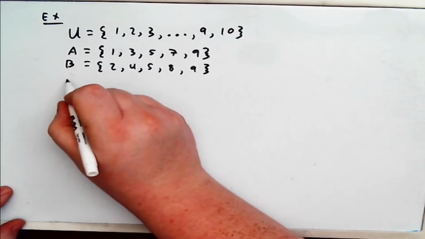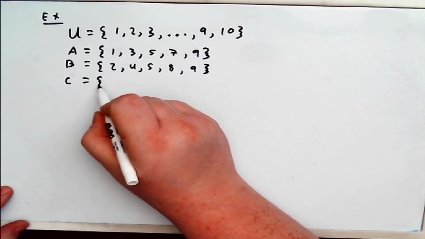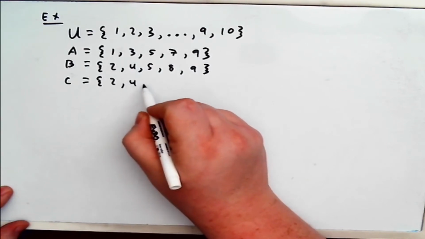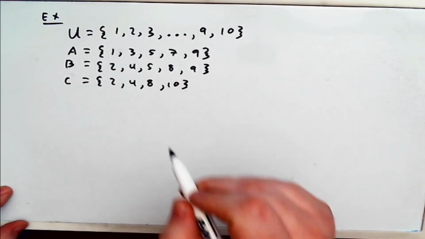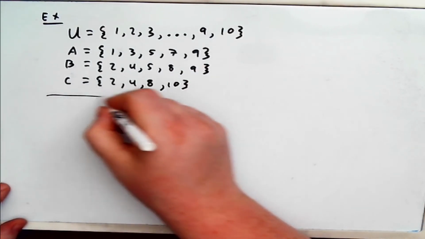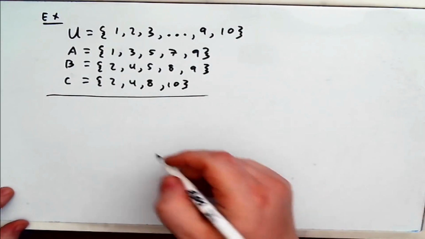And we're going to define the last set C that we're going to use for this, and that's going to be defined as the set 2, 4, 8, 10. So these are going to be the same for all of these examples. Now what we want to do is compute the following sets.